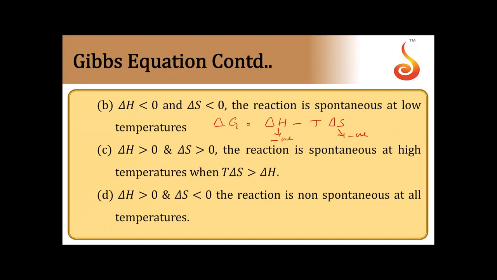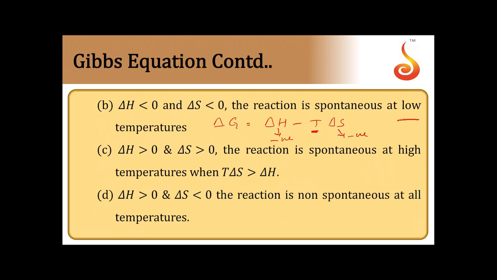If both are negative, T delta S becomes a positive value. Therefore, T delta S value must be small, which implies temperature must be small. If temperature is very low, the entire process is going to be negative because delta G will become negative, meaning delta H outweighs the T delta S value. If T is very small, it is going to be spontaneous.